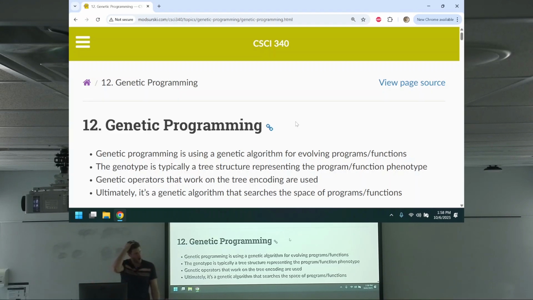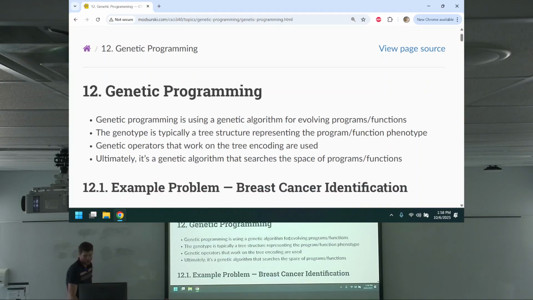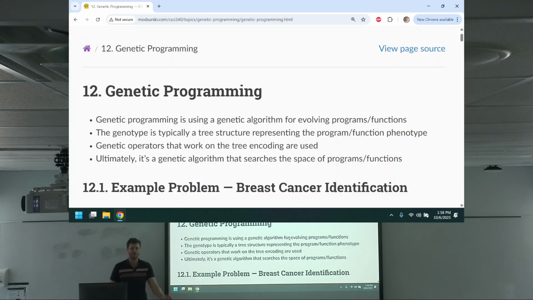And the genetic operators that work on the tree are going to be used. Remember how we talked about the operators and operands, the leaves of the trees and whatnot. But at the end of the day, it really is just a GA specifically designed to evolve these tree structures. You don't have to have a tree structure for genetic programming. There are other types.